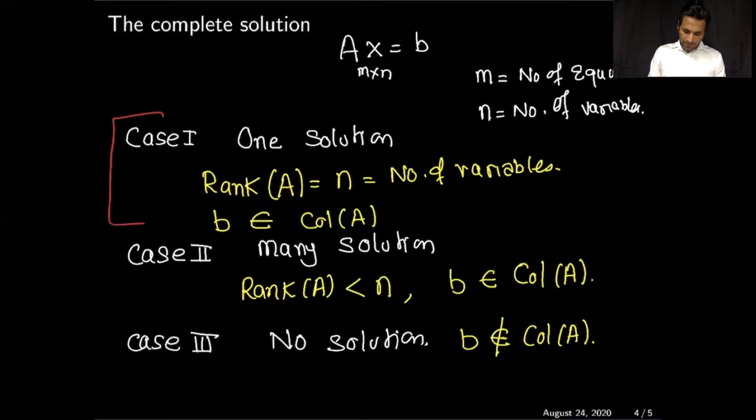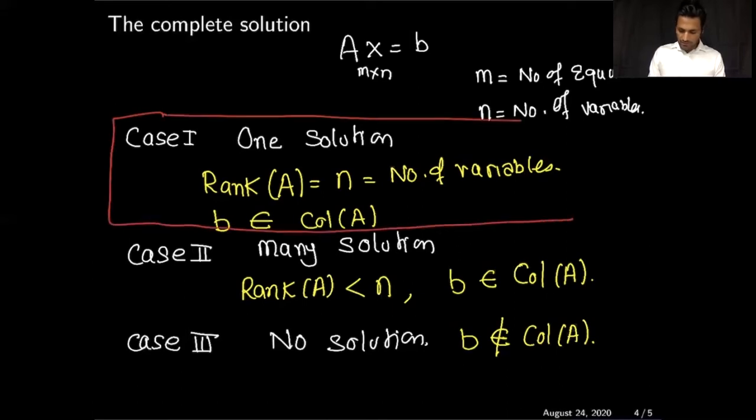For more examples on case number one, please watch the Gaussian elimination and Gauss-Jordan elimination videos, because in those videos, all the matrices I considered have rank n and B is always in the column space of A.